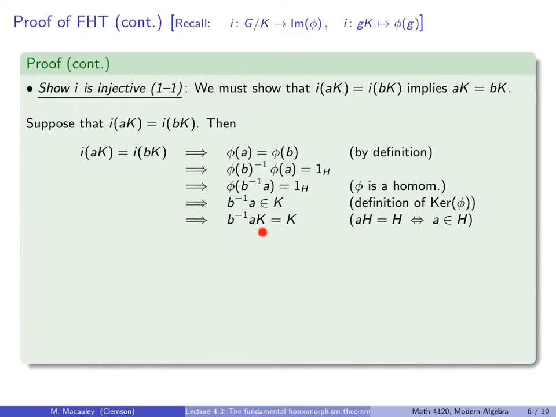So now what do we do from here? Well, let's multiply on the left by B. And that tells us that AK equals BK. And that's exactly what we wanted to show. We wanted to show that if I sends AK and BK to the same element in the image, then that had to be the same coset to begin with. So AK equals BK. So therefore, I is injective.